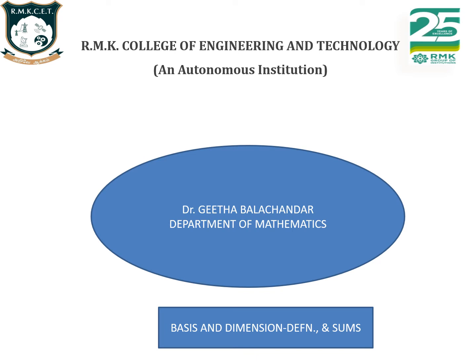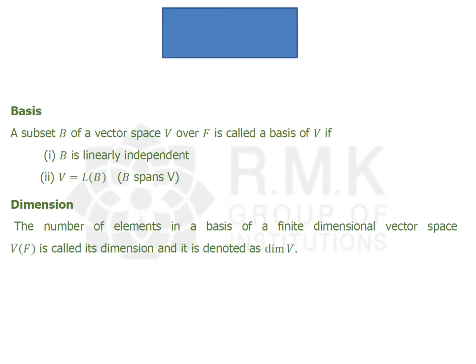In this video, we are going to see about basis and dimension of a vector space. First, let us define. A subset B of a vector space V over a field F is called a basis of V if it satisfies these two conditions.